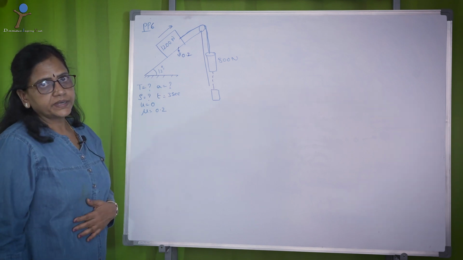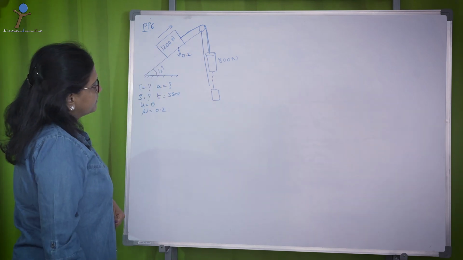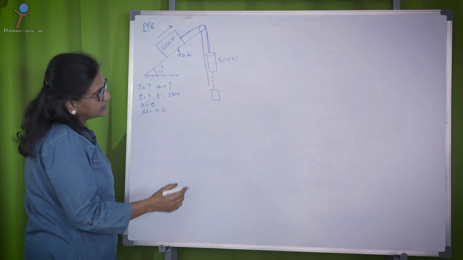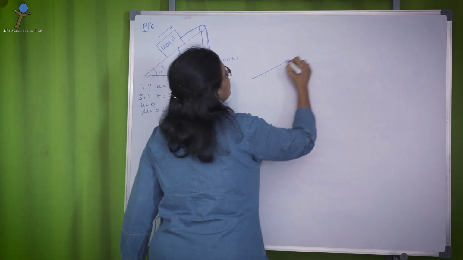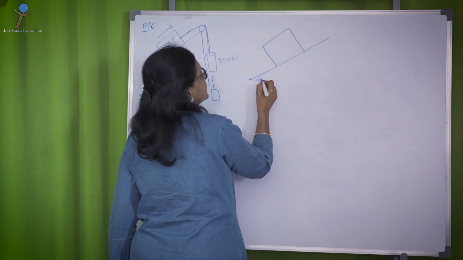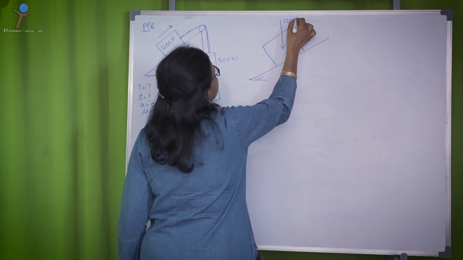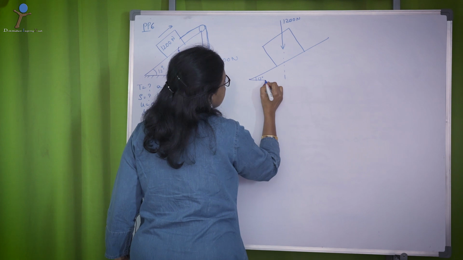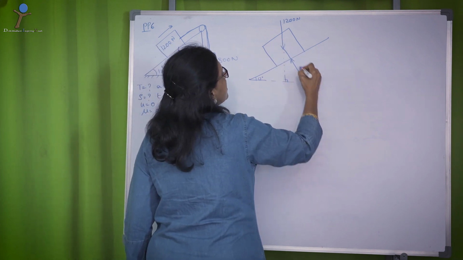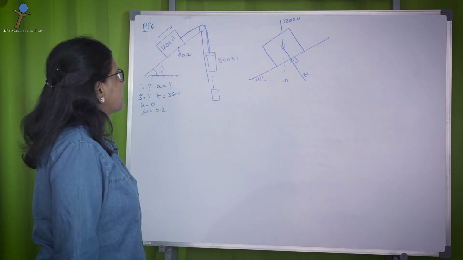Now, again we need to apply D'Alembert's principle step by step. So, let us first take the inclined surface body. This is 12 degree, right. This is the weight, that is 1200 newton, which is perpendicular to the ground surface, and then you have normal reaction N perpendicular to the inclined surface.